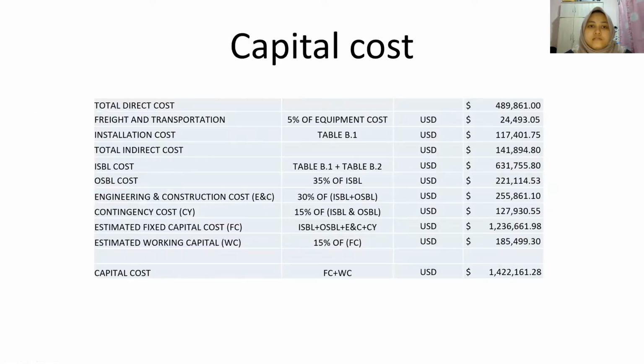So for the capital cost, the total capital cost is 1,400,000. The capital cost includes the transportation, freight, engineering, construction, equipment cost, and so on.